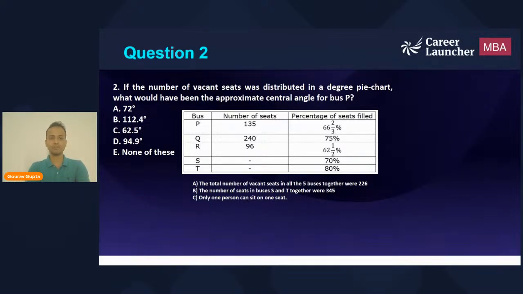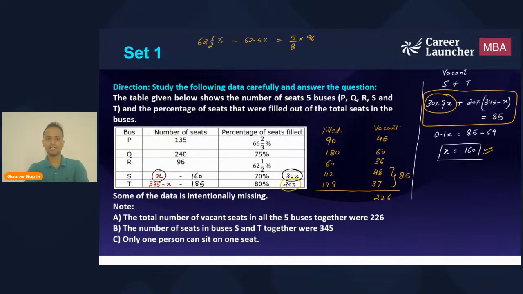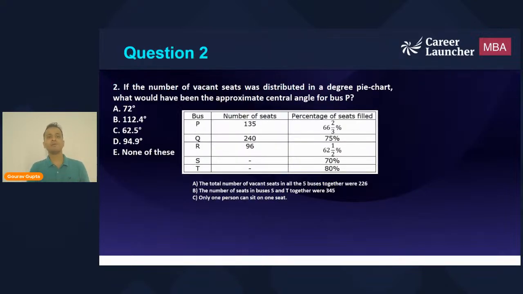Now, once again, for question number 2, you will have to refer to this data. Okay. So if the number of vacant seats was distributed in a degree pie chart, then what would be the approximate central angle for bus P? Number of vacant seats.